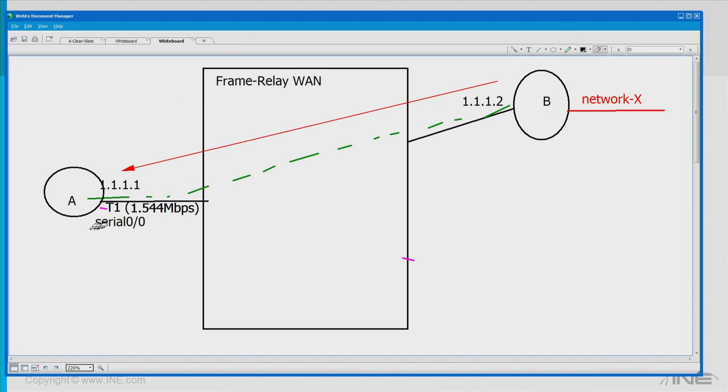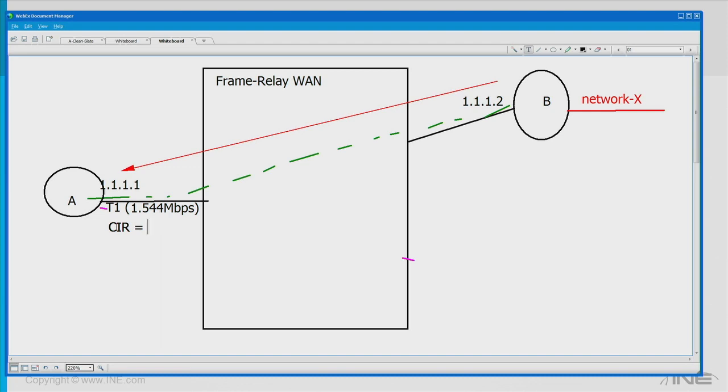But we know that with Frame Relay, one of the other things you get to select when you're setting up your Frame Relay with your provider is something called a committed information rate. And the committed information rate is the rate at which the provider needs to guarantee you that they will always transmit your traffic and never drop it. Well, of course, your service provider would love for you to set your committed information rate to be the same as your access rate.